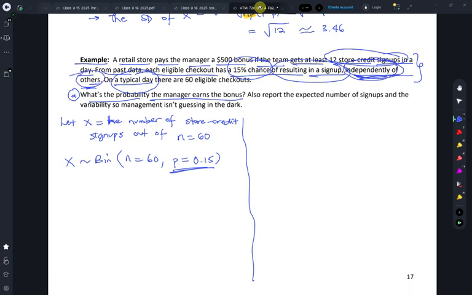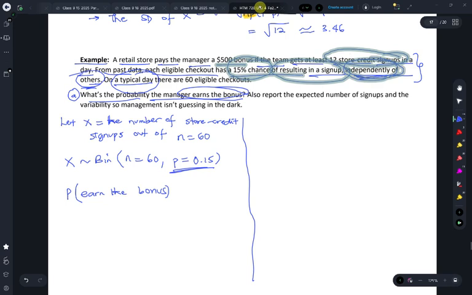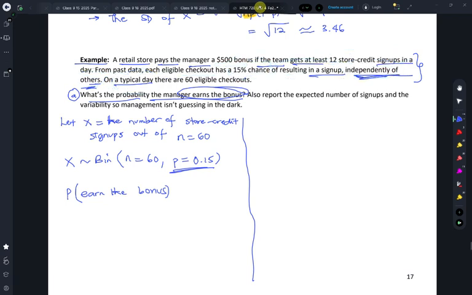So now we want to find the probability of earning the bonus. That is what the question says. And that is a $500 bonus, okay? But that only happens if the number of credit signups is at least 12.